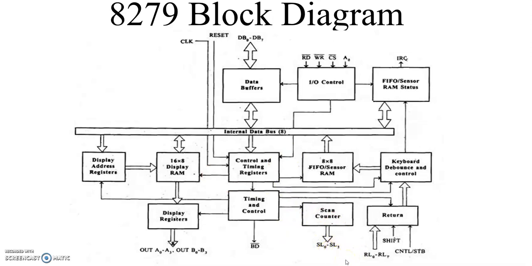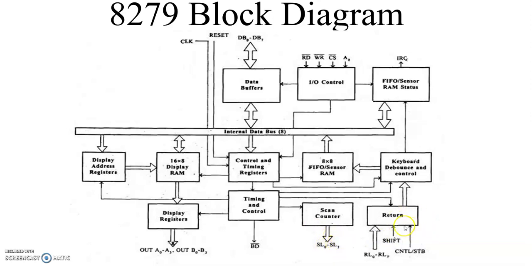In the decoded scan mode, the counter internally decodes the least significant 2 bits and provides a decoded 1 out of 4 scan on SL0 to SL3. So 4 internally decoded scan lines may drive up to 4 displays. The keyboard and display are both in the same mode at a time.